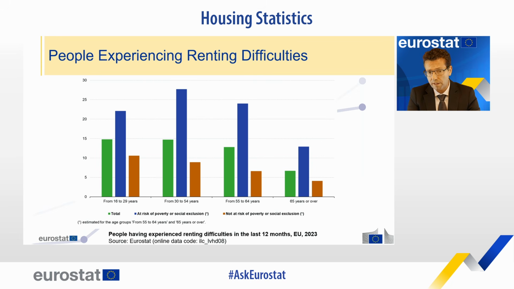This data is available from the EU-SILC, and it provides, as you can see, very rich granularity at Eurostat's website: age groups, whether the persons are at risk of poverty and social exclusion. There are many breakdowns that are very useful for in-depth analysis.